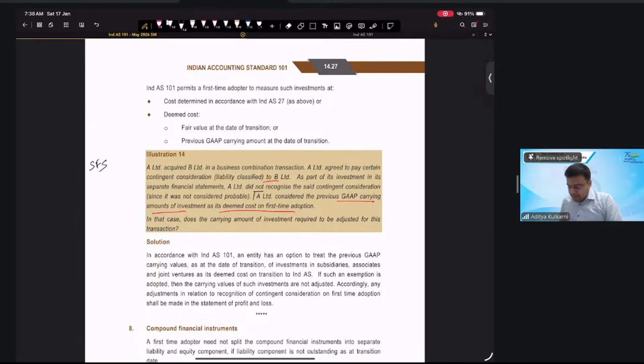A considered the previous GAAP value as its deemed cost on first time adoption. Are we okay with this? Yes. So as far as SFS is concerned, no restatement needed.